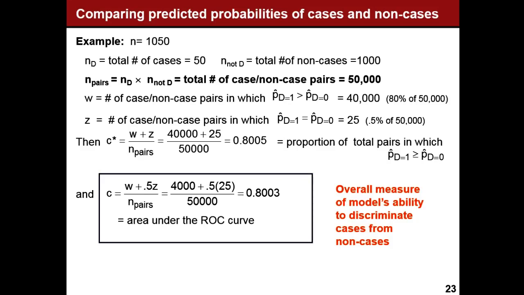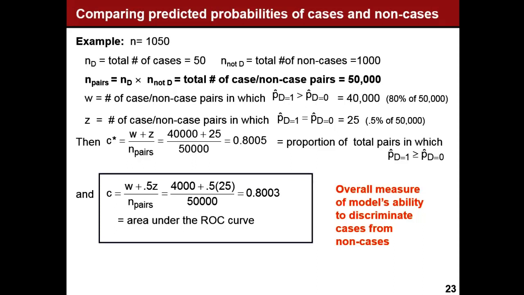And you look at every pair of case and non-case, whether the case was predicted to have a higher probability of the outcome than the non-case, right? If your model's good, it's another way of summarizing what the ROC curve is assessing. If the model's good, it's going to say that the case always has a higher probability of the outcome than the non-case, right? So 0.7 versus 0.3, or whatever it's going to be. And if the model's perfect, for any given pair of case and non-case, the case always wins. Okay, this is the basic idea, right?